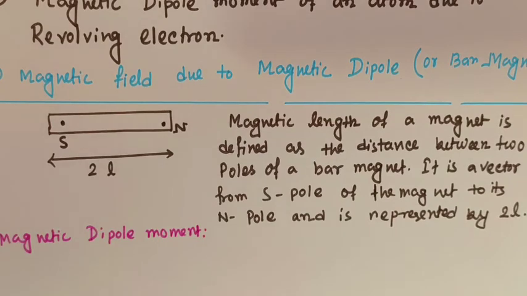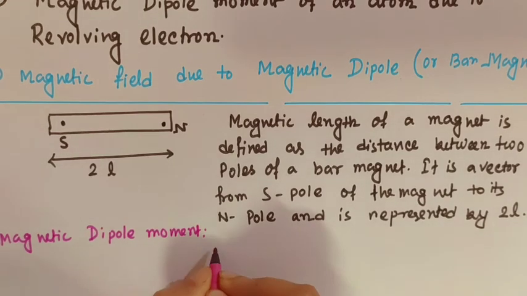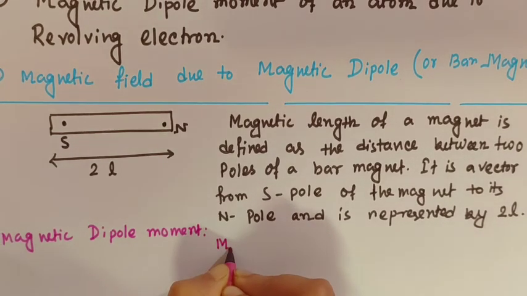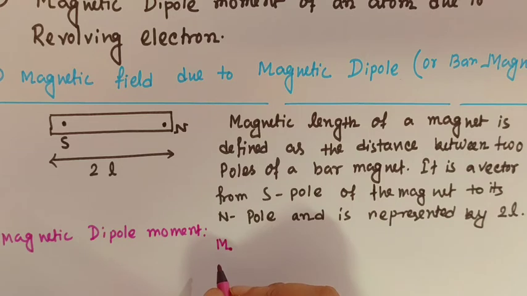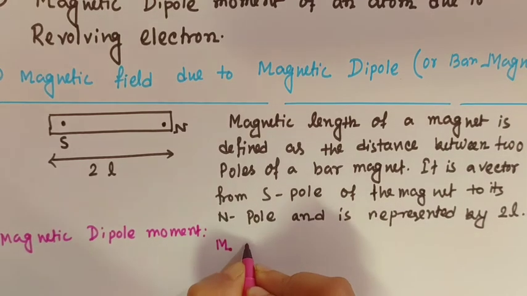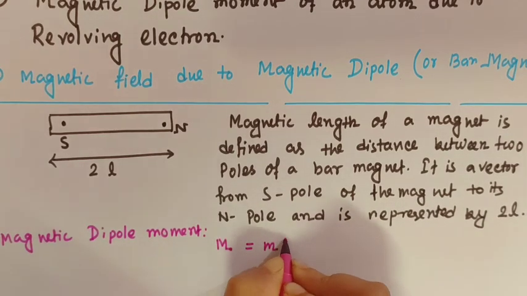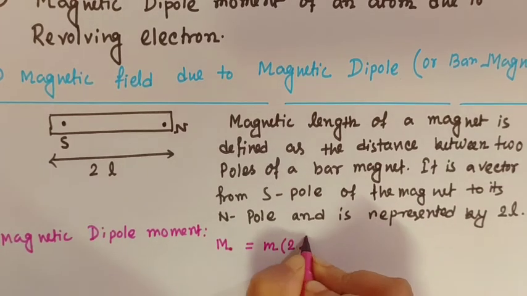Magnetic dipole moment is the product of the strength of either pole and the magnetic length of the magnet. It is represented by capital M, and the direction of the magnetic dipole moment is the same as that of 2L. Therefore, we can write M equals m into 2L.